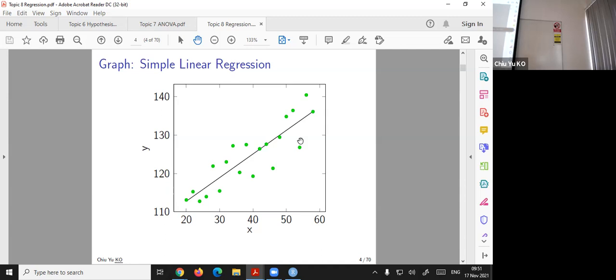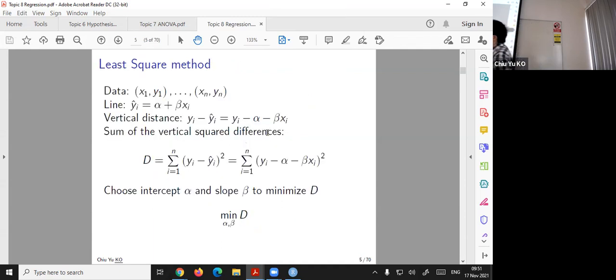We want to minimize the departure from that line, and we care about the vertical departure, because in the model we use X to estimate or predict Y, and we can control X. That is the idea behind the least square method.